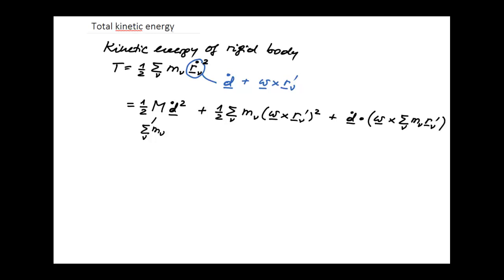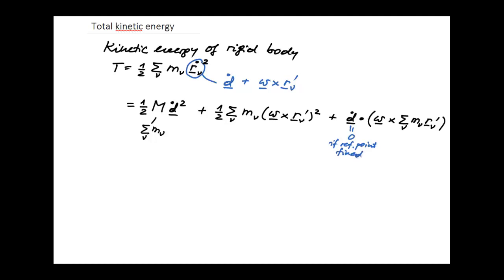Let's look at the last term first. We have a d dot there. Now in the scenario where the reference point, where we have a top, coincides with the point that we keep fixed, in that scenario this is equal to 0. So if the reference point is fixed.